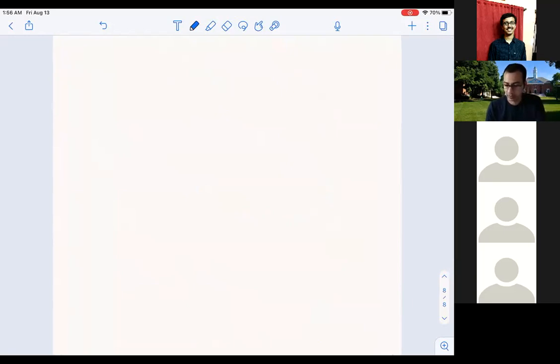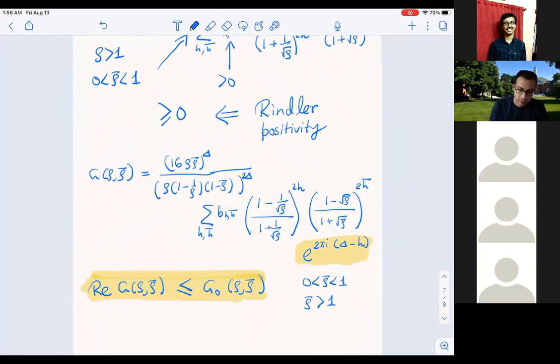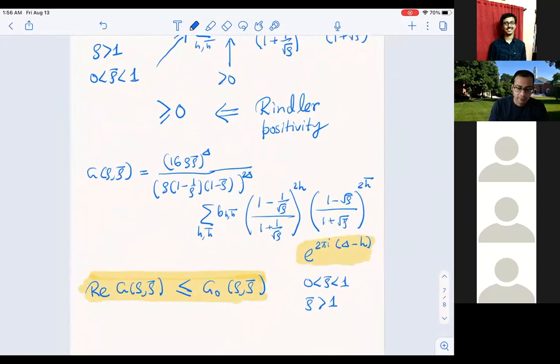Sandipan, so your G0 in general for rho bar, you made it to be complex, right? By i epsilon. That's a good point.